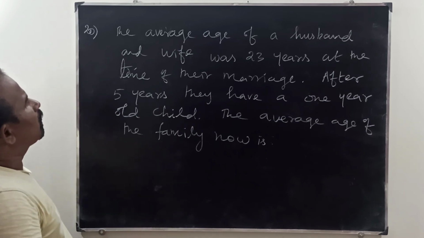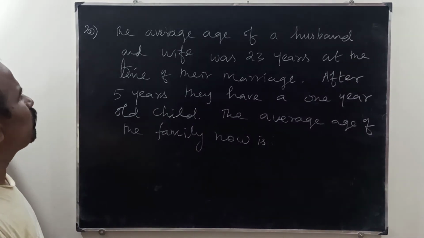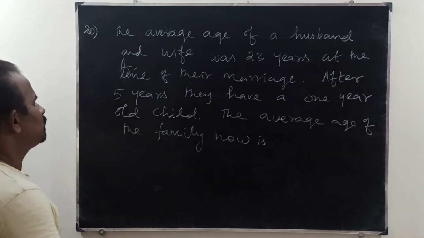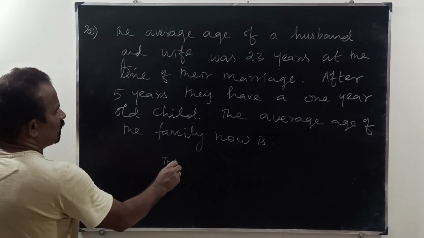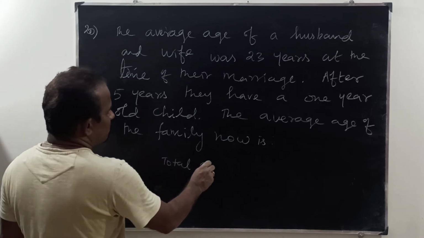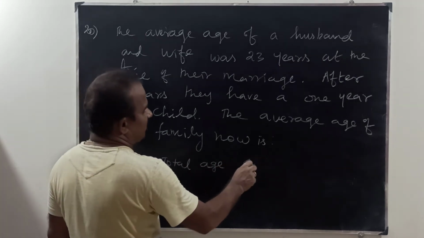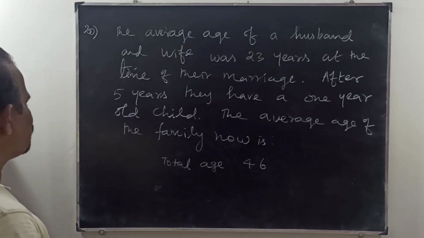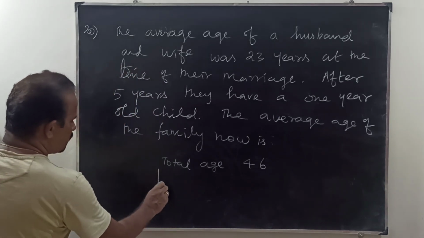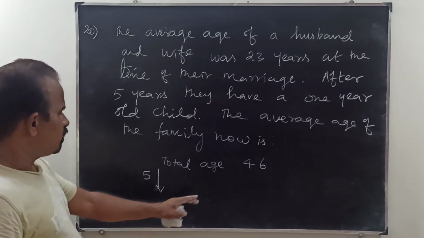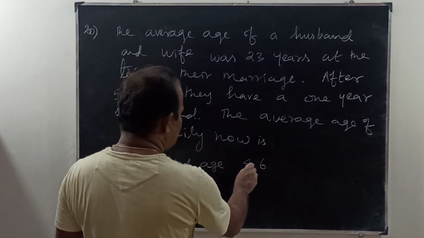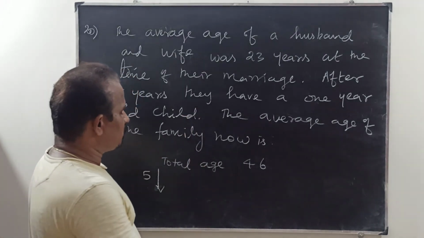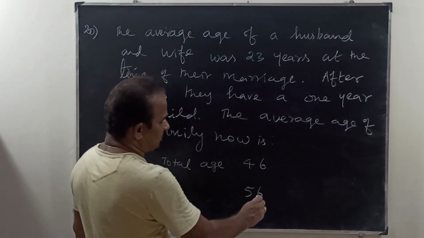So, average age of a husband and wife was 23 years at the time of their marriage. So therefore, average is 23, total age of husband and wife is 46. Okay. After 5 years, the total age becomes, each increased by 5, plus 5, 10, therefore this is 56.